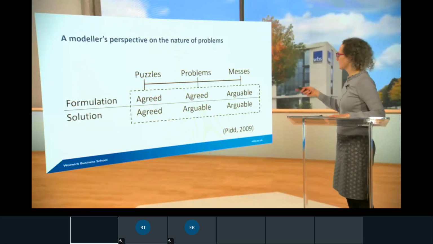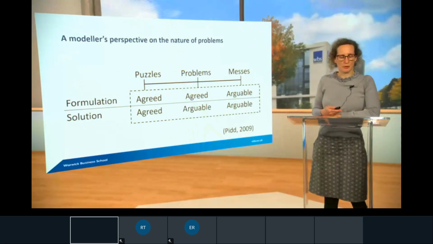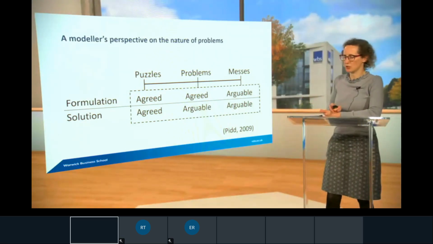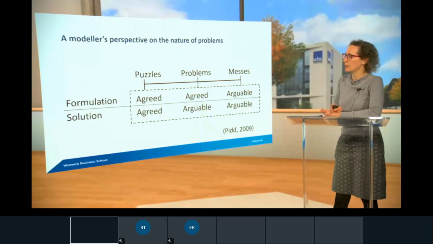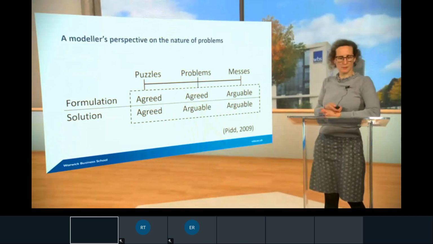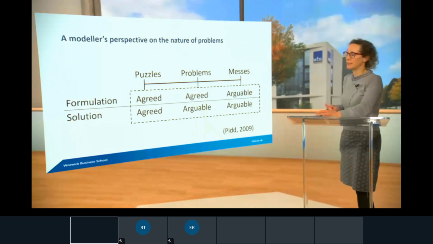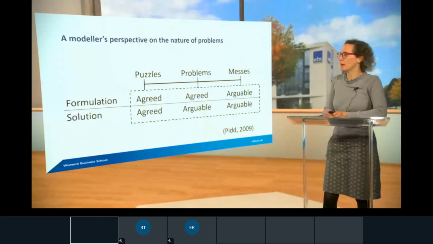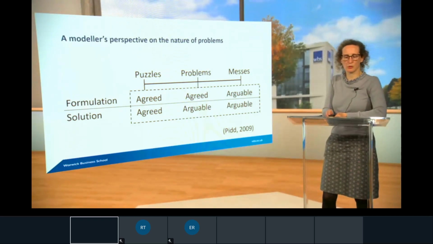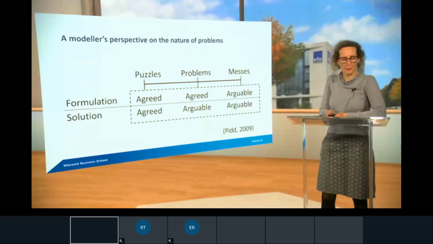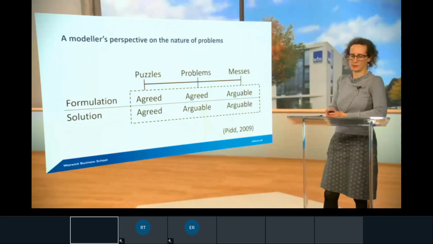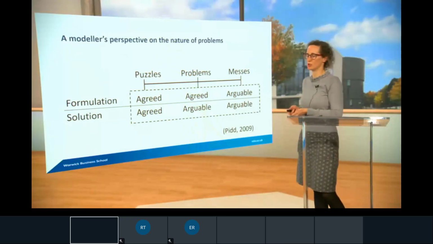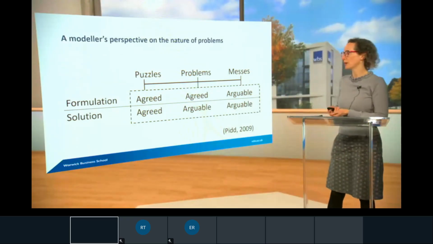This, as you might expect, is a technically focused perspective, defining problems according to their formulation and solution in order to differentiate three types. We might think of many analytics problems as puzzles, but where, for example, we might need to define the objective function or clarify constraints of the problem, this framework would categorize that situation as a problem, a situation in which the solution is arguable.